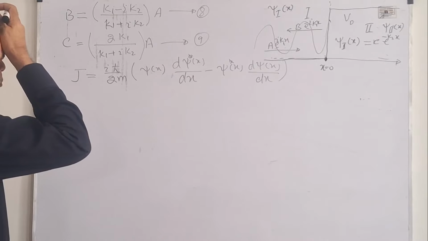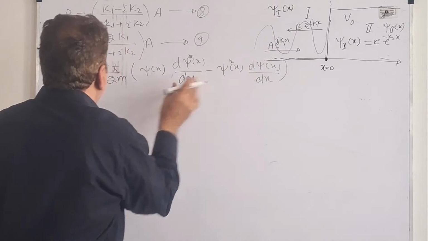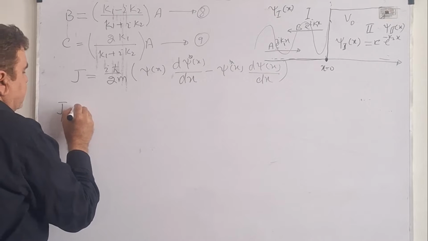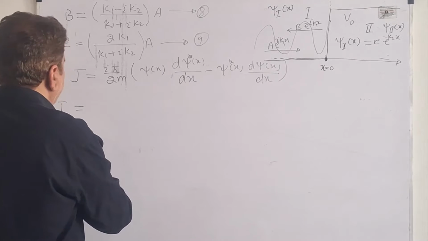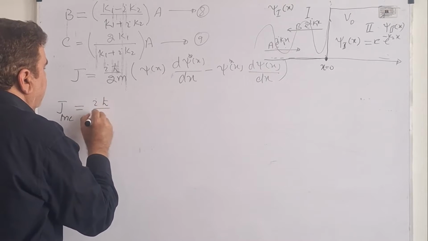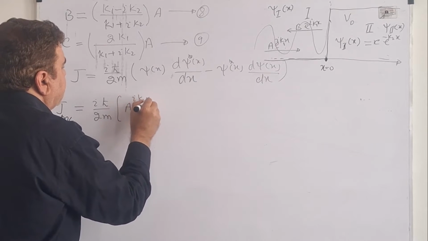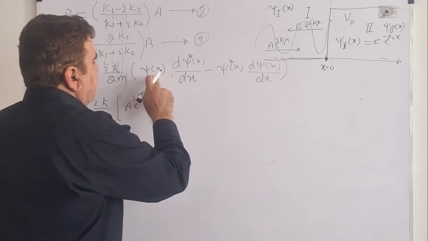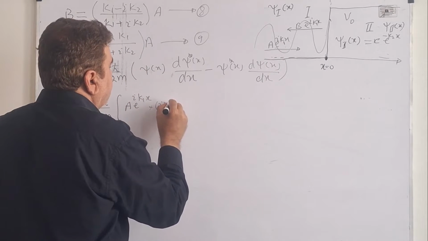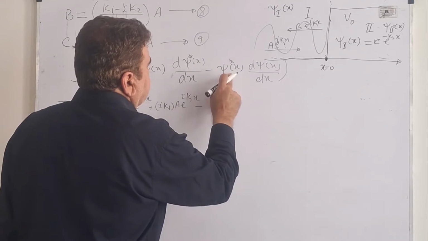And now we want to find the probability flux current density for the incident wave. So I will plug this wave function into this equation, and I write J incident. I put i n c in the subscript to show that we are dealing with the incident current density. Then I write iota h bar divided by 2m into A times exponent iota k1x for this, and the derivative of psi 1(x) is in fact equal to iota k1 times A exponent iota k1x, and then minus the star of this.